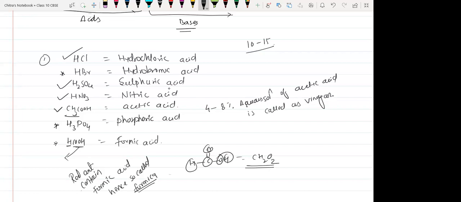Any doubt here? So we have seven examples of acids. What is H2CO3? H2CO3 is carbonic acid. Let's write it one more time.